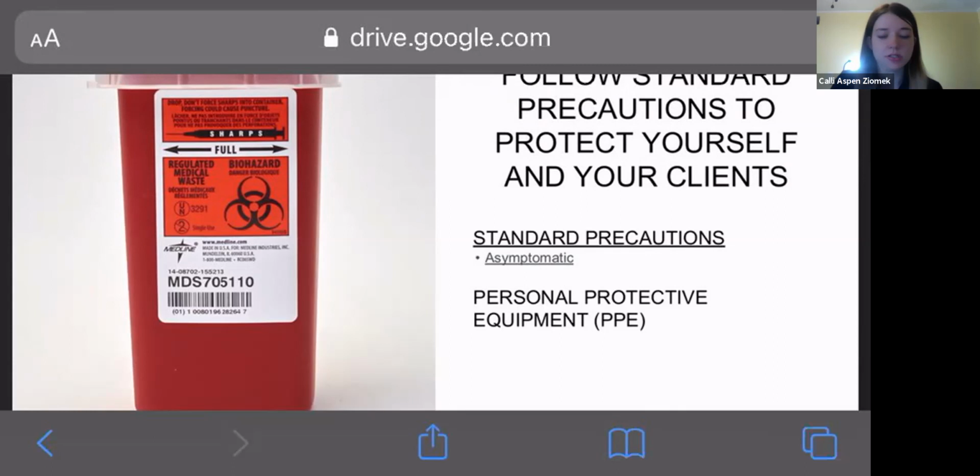And they get disposed of at a hospital or an approved facility. So your spa, salon, or lash studio will have them. If you're making your own, you will have to purchase one. And it will give you a list of areas that you can dispose of them. Generally, the easiest is just the nearest hospital.